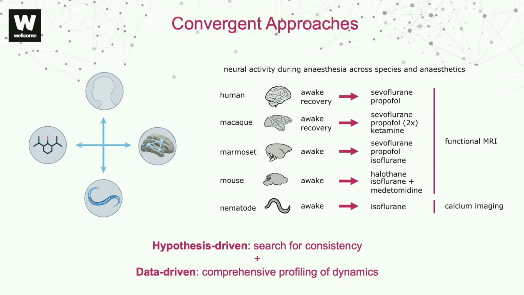So we combine the data-driven approach of throw all time series features at our data and see what sticks, with the hypothesis-driven approach of we expect that there should be consistency among some of these features because we know that ultimately all of these anesthetics have the same endpoint in these animals. They lose responsiveness, they become behaviorally unresponsive.